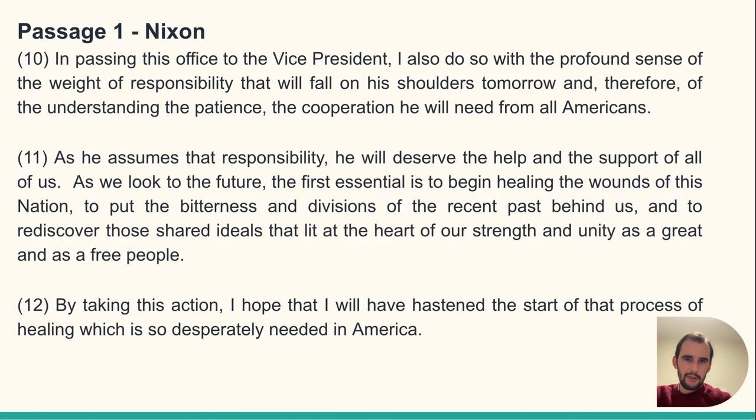As he assumes that responsibility, he will deserve the help and the support of all of us. As we look to the future, the first essential is to begin healing the wounds of this nation, to put the bitterness and divisions of the recent past behind us, and to rediscover those shared ideals that lie at the heart of our strength and unity as a great and as a free people. By taking this action, I hope that I will have hastened the start of the process of healing, which is so desperately needed in America.